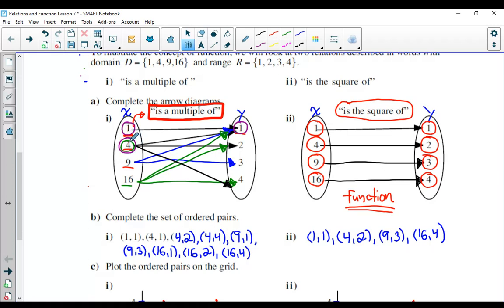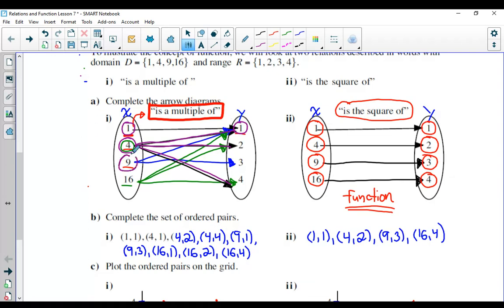If X is 4, if it's a function, it has to relate to exactly one output. The problem here is that it relates to 1, it relates to 2, and it relates to 3 outputs. So the instant that a single X value in the domain relates to more than one value in the range, then no longer is it going to be a function.